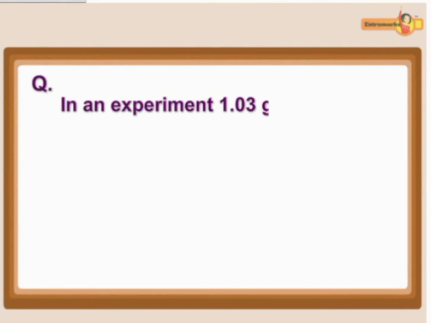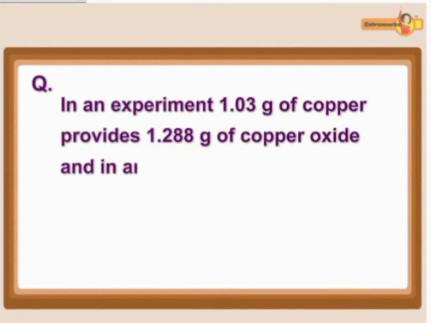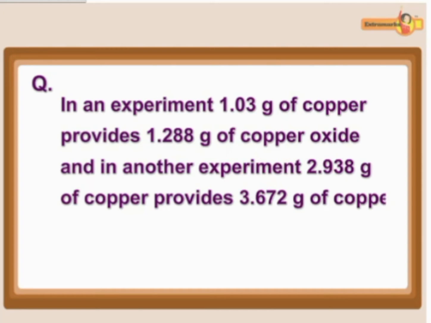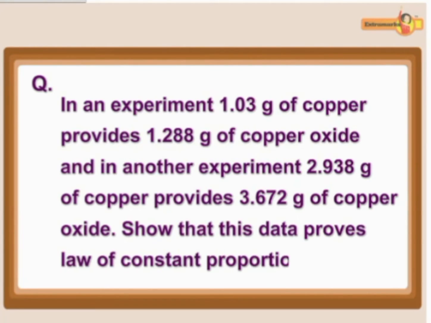In an experiment, 1.03 grams of copper provide 1.288 grams of copper oxide, and in another experiment, 2.938 grams of copper provide 3.672 grams of copper oxide. Show that this data proves law of constant proportions.